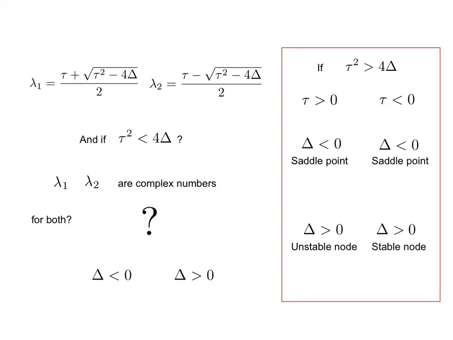So the question is, does this happen for both cases? Actually not, because you have a minus sign here, so we have a lambda that is negative. It means that this is going to be positive, and therefore we will have a real number. So in order to have complex numbers, we need that delta is positive.